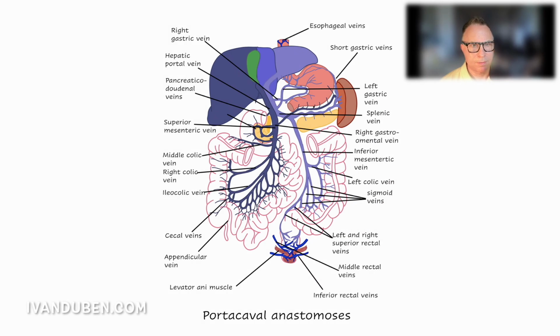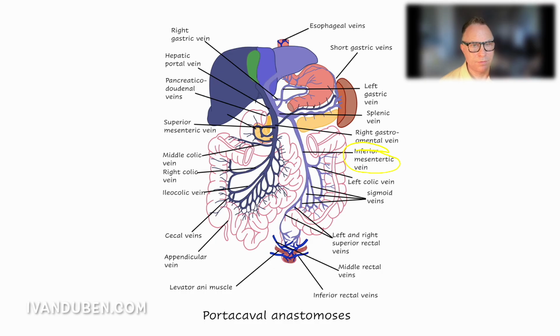Just to finish up with a little briefing on the liver. Here we have the liver in purple, and you can see we have the inferior mesenteric vein here, and the superior mesenteric vein.